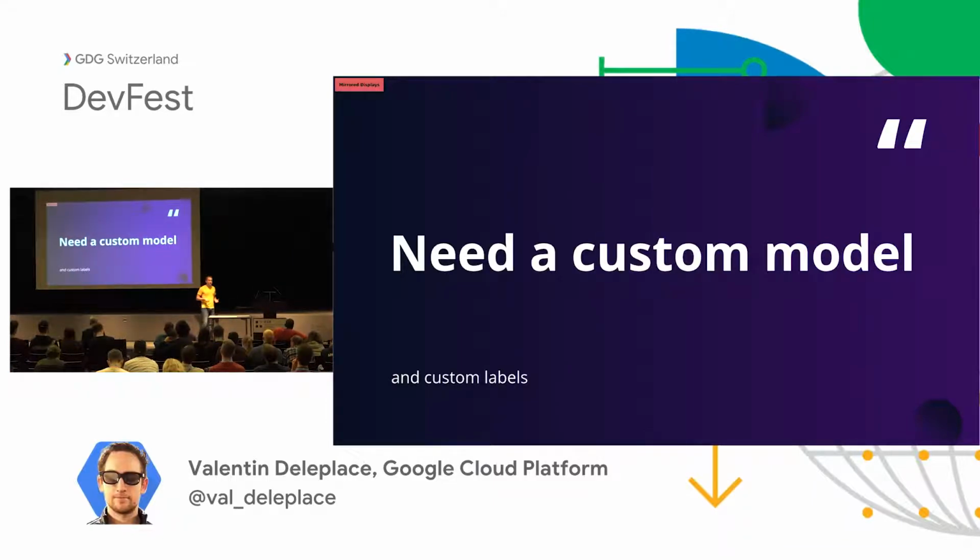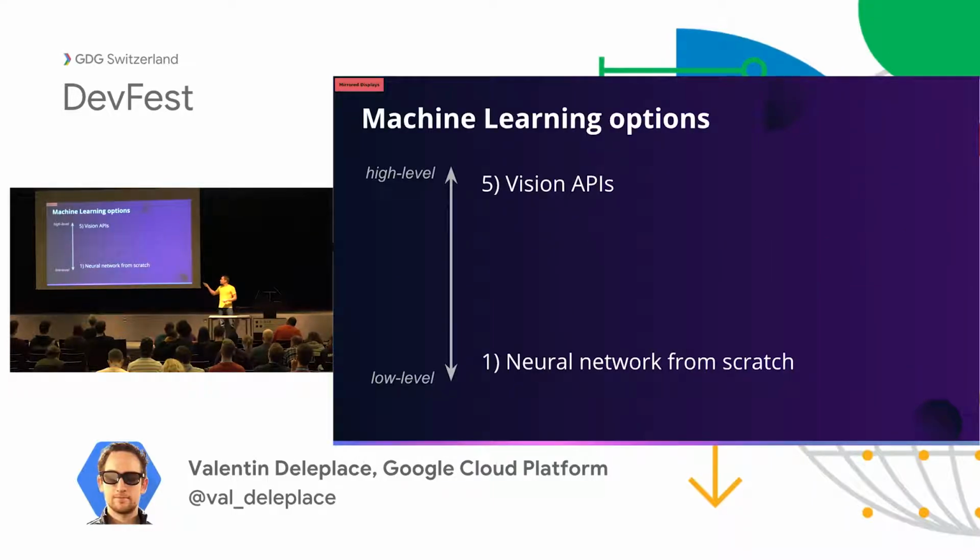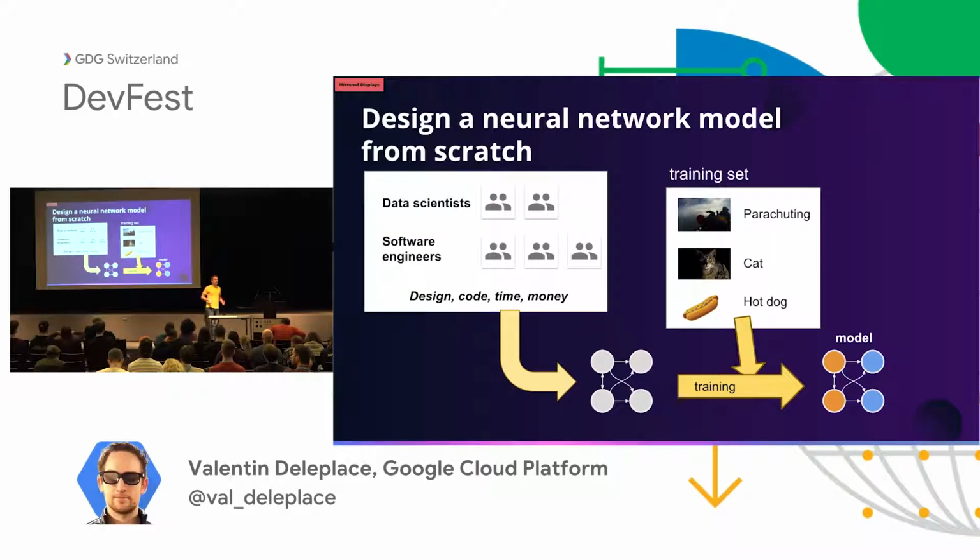I have a domain, I have a business, and I have to build a classifier specific, custom to my needs. So on the very low level, I can achieve this by building a neural network from scratch. So this is kind of difficult and expensive. It requires a large team of data scientists and software engineers, highly skilled, knowing some high-level and low-level programming languages, maybe frameworks or no frameworks.